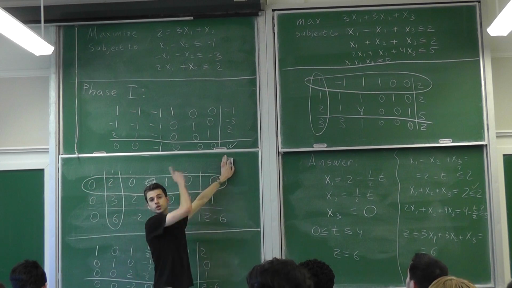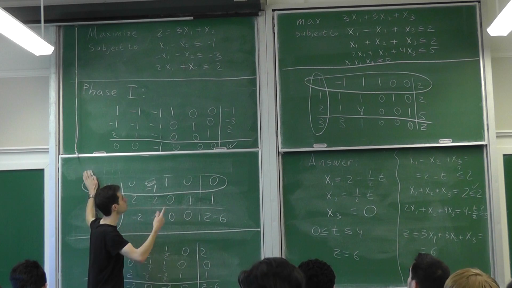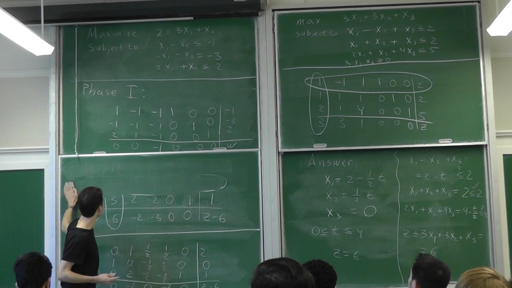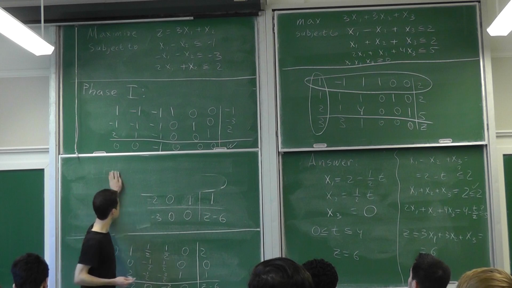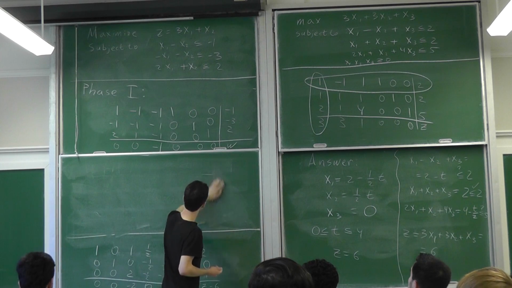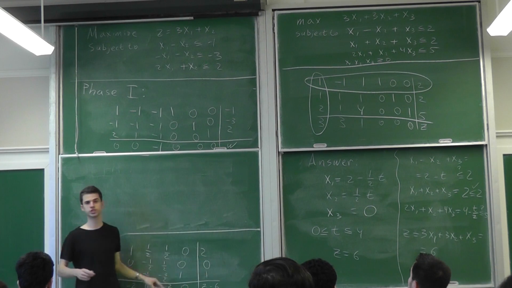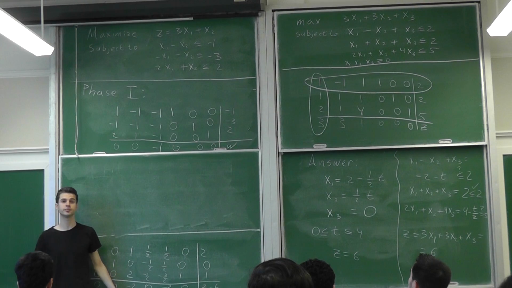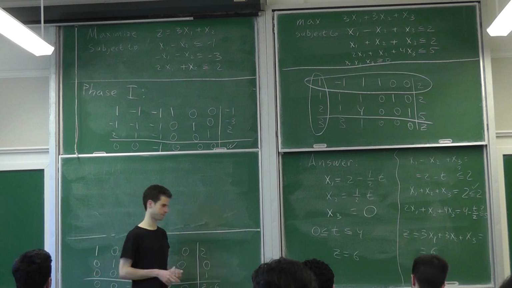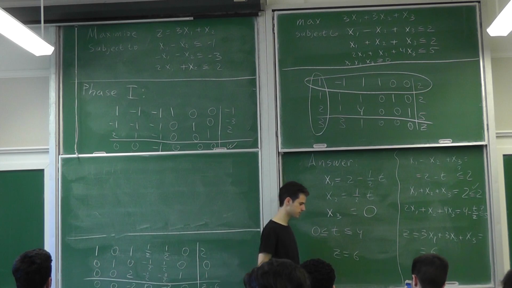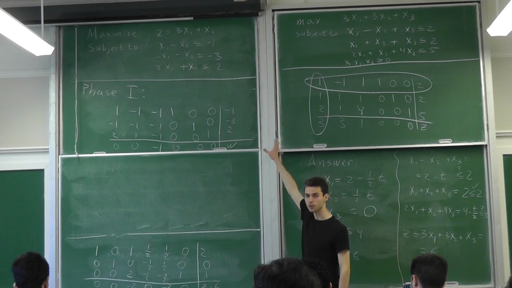So this problem is not the original one. It is an auxiliary problem. I relaxed all the inequalities by x3, and I'm trying to minimize x3, which is the same as maximizing minus x3. Okay. So that's the problem that I'm trying to solve.